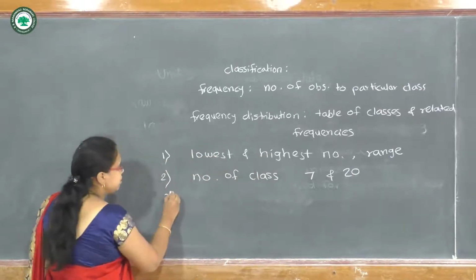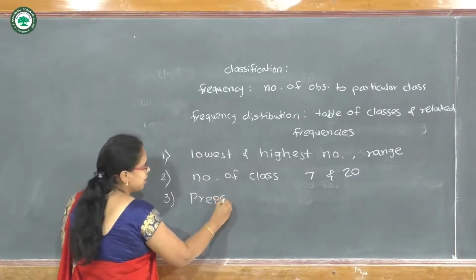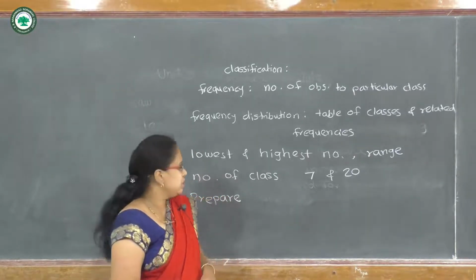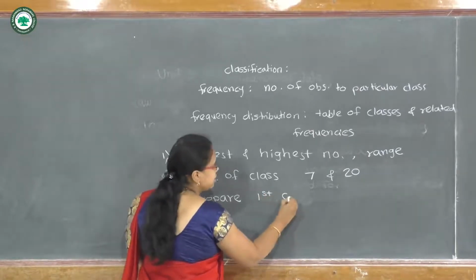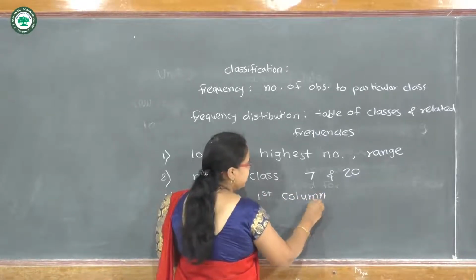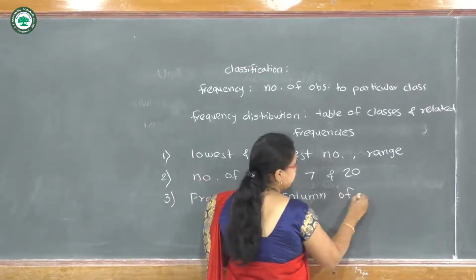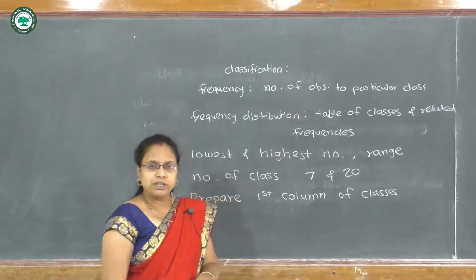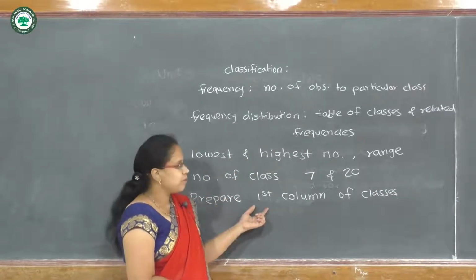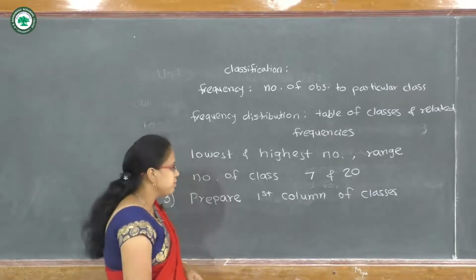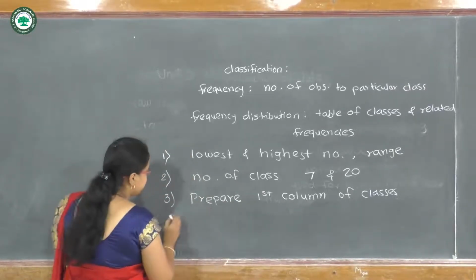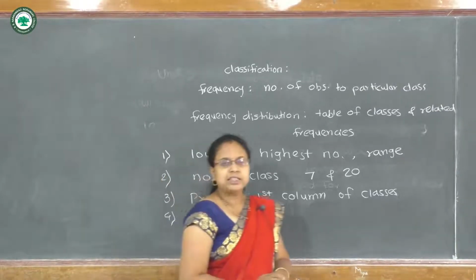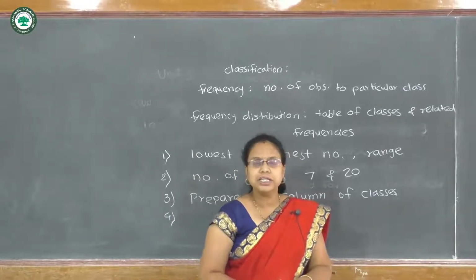Then in the third step we prepare the first column of the frequency distribution table. The first column contains the classes. For example, 0 to 10 or 10 to 20, these are the classes. So our first column is ready. Then in the fourth step we make the second column of tally marks.